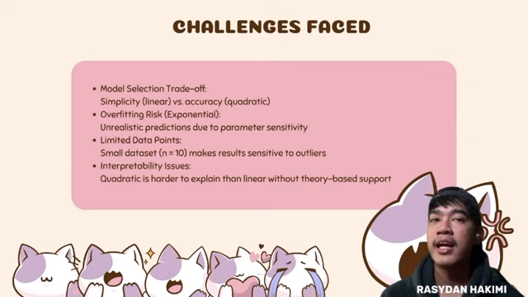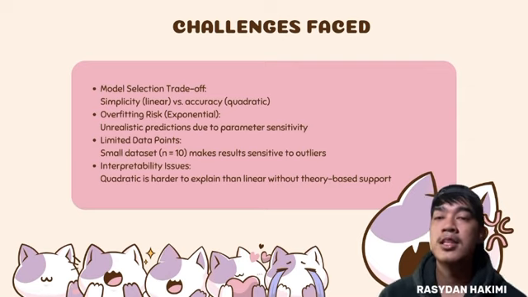The exponential model highlighted another issue: overfitting and instability. Its parameters caused it to produce extremely large outputs for high x values, which led to a huge sum of error. This shows us how sensitive exponential models can be if the data doesn't match that kind of growth.